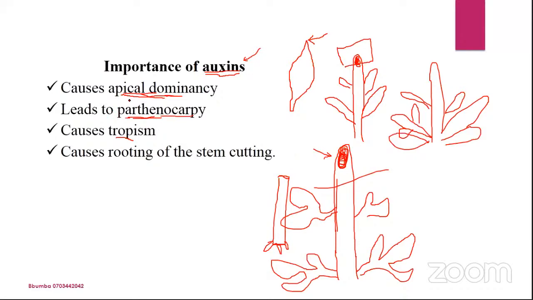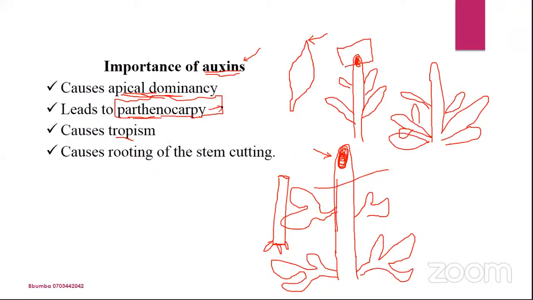But some do not wait for pollen grains to come. Some can actually develop into fruits without fertilization. That's what we are calling parthenocarpy. Okay, growing fruits without fertilization.